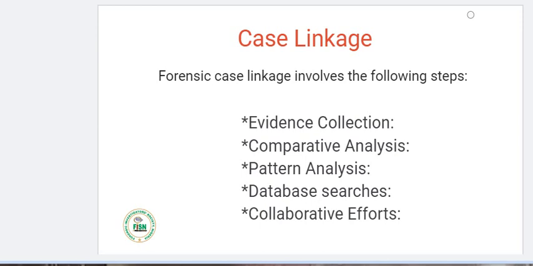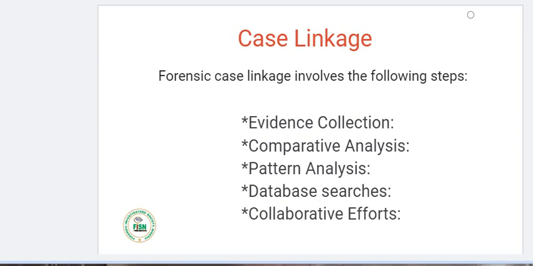Case linkage in forensic crime scene investigation involves the process of identifying connections between different crime scenes based on forensic evidence. This approach aims to determine if multiple crimes are linked to the same perpetrator or a group of perpetrators.